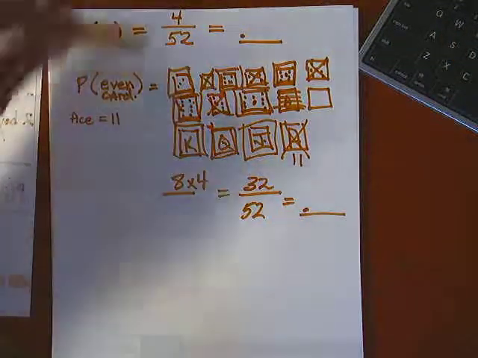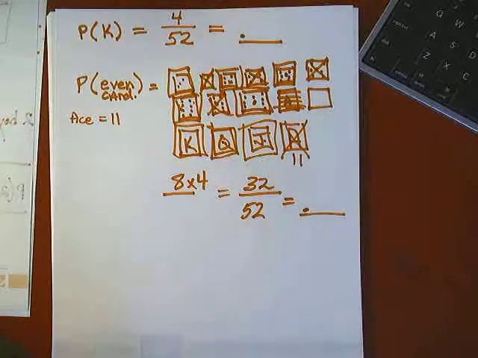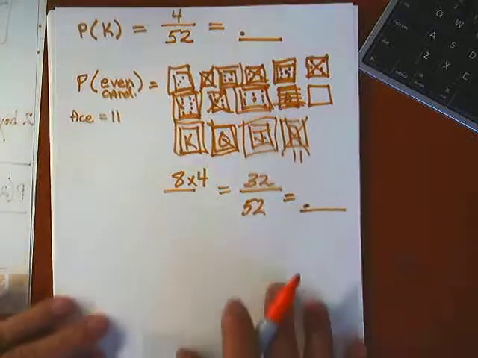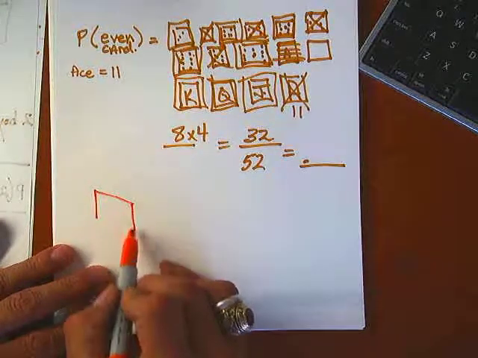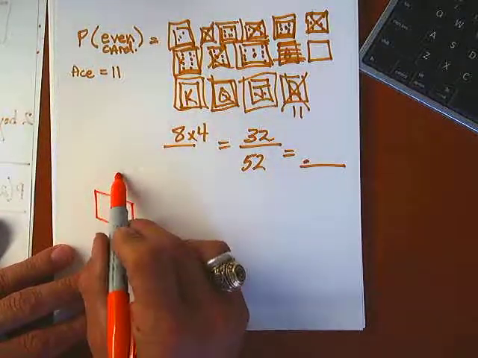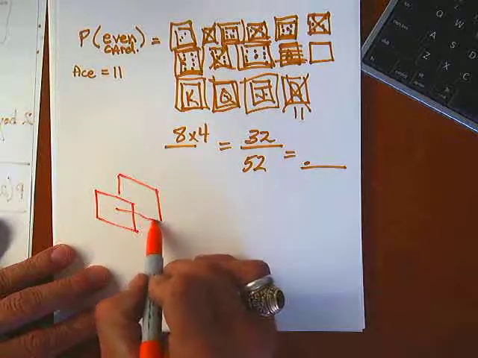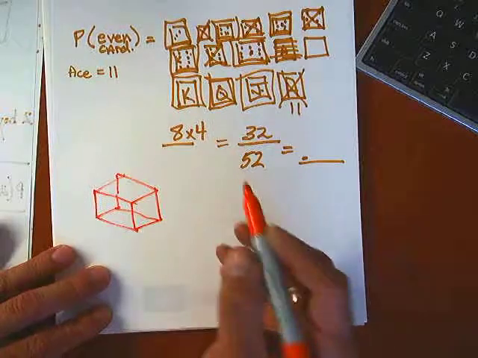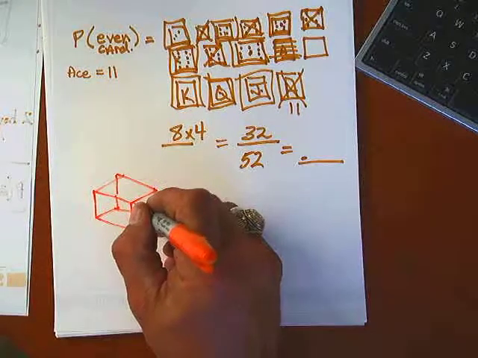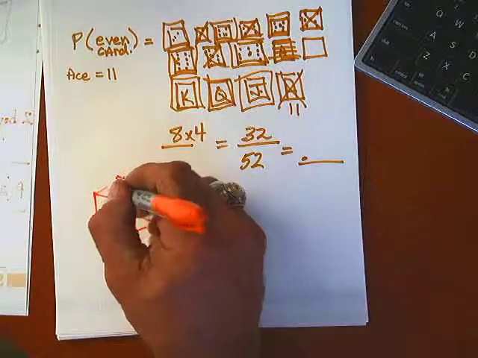Now you don't have to draw a picture like this, but it does help if you don't have a deck of cards, or if you don't know a deck of cards as well as some people, to actually use pictures. You can do this with a die. Think of a die.